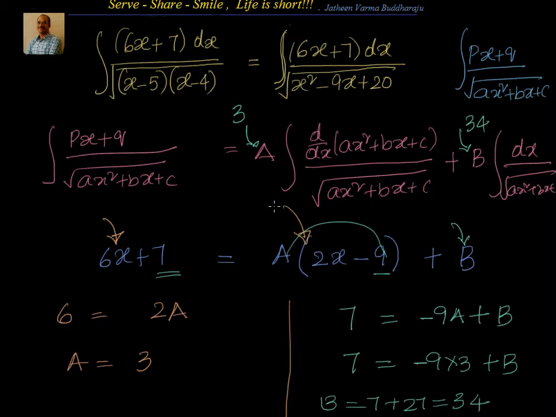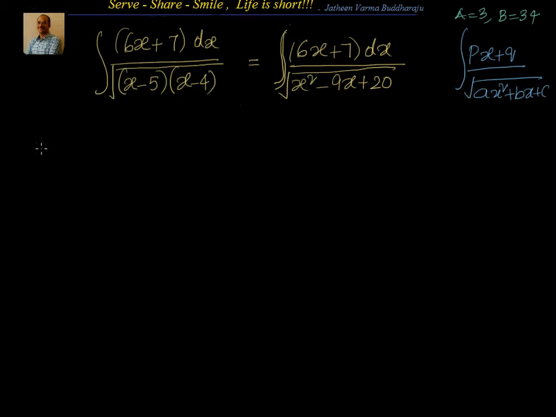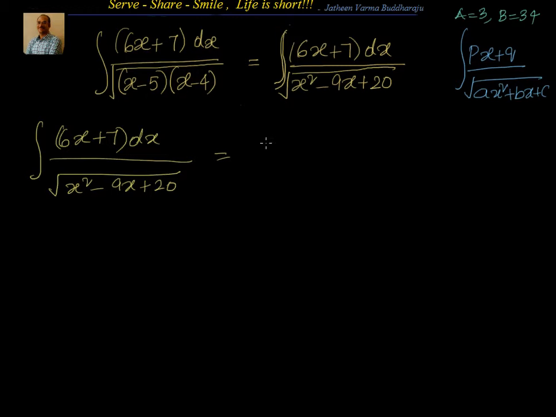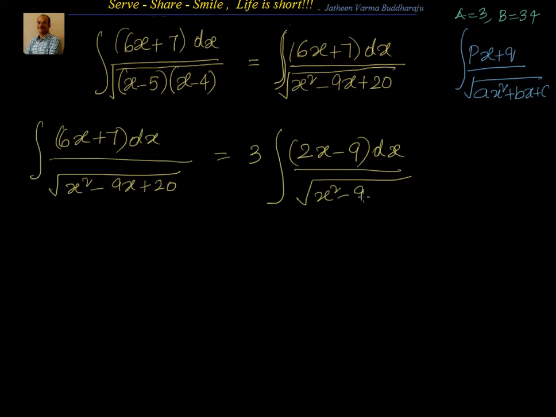So we'll divide this into two parts now. Once we found the a and b values, we'll rewrite it as integral of 6x plus 7 dx by square root of x square minus 9x plus 20, which is equal to, with a equal to 3, 3 integral of 2x minus 9, that's d by dx of x square minus 9x plus 20, divided by square root of x square minus 9x plus 20, plus 34 dx divided by square root of x square minus 9x plus 20.